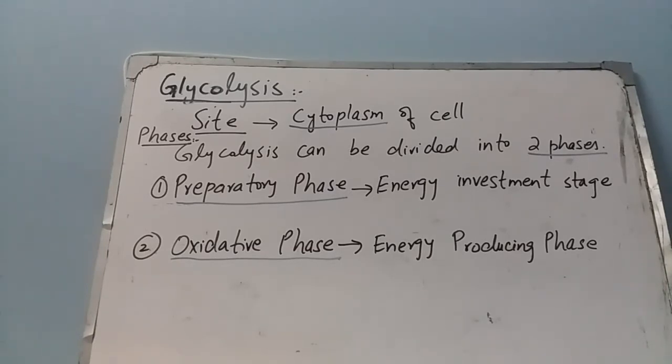In this phase, the energy is released from glucose, and this energy is used in the production of 4 ATP molecules. So in the first phase, glucose uses 2 ATPs from the cytoplasm, and in the next phase, glucose produces 4 ATPs. So there is the net production of 2 ATPs.